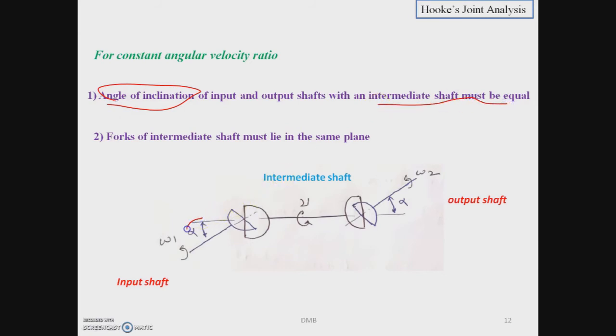That is, alpha should be the same for both the shafts. Second condition is that the forks of the intermediate shaft must lie in the same plane. If these two conditions are satisfied, we can obtain constant angular velocity ratio for double Hooke's joint.